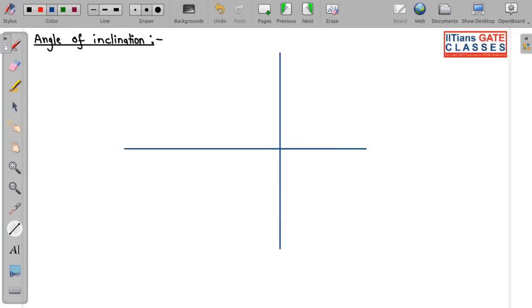See, for a second order system, suppose one of the poles is over here. So the pole location is what? Minus zeta omega n plus j omega d. So this is j omega d and this is minus zeta omega n. Now let us find this hypotenuse. According to Pythagoras theorem, let us assume this is r.